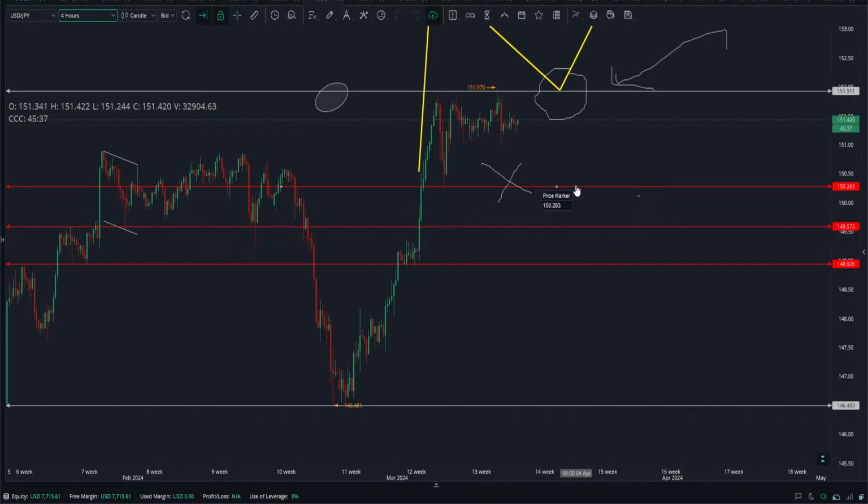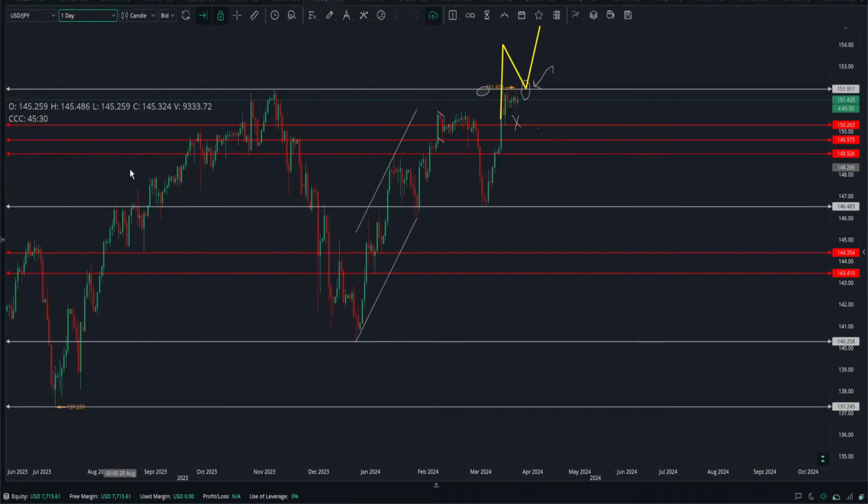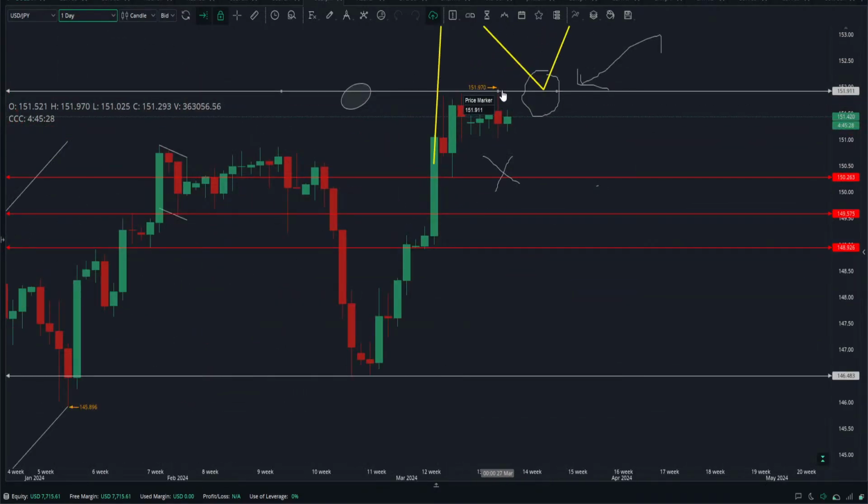I think below 150.26 it will be appropriate. Below 150.26. This is based on the daily. On the 4 hour there is a lot of noise. You don't want to trade noise, right Sandy? So I think you should base your entry below 150.26, because this was the high, then the price made this as the high, and this is the highest low between these levels.